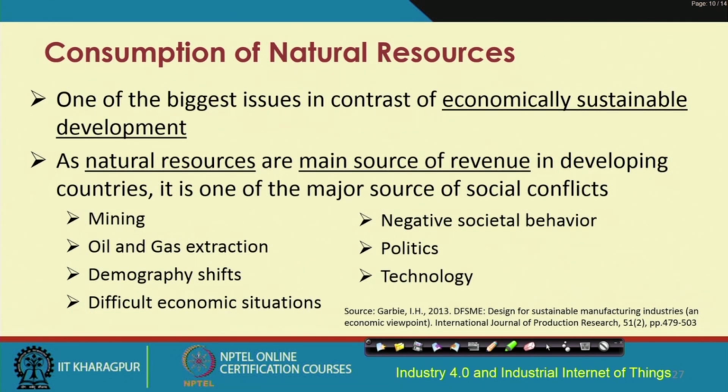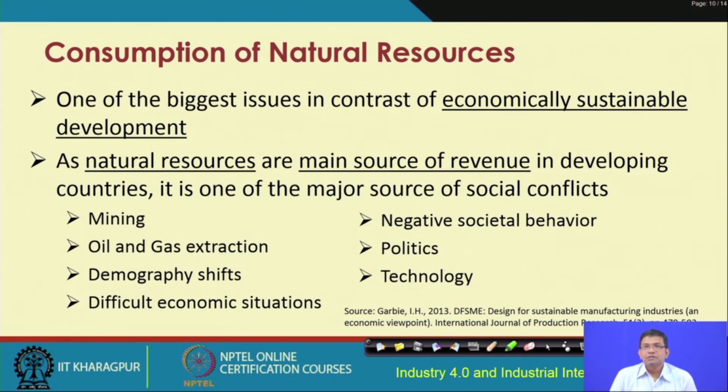As natural resources are the main source of revenue in developing countries, it is one of the major sources of social conflicts. So, there are concerns about too much mining, too much extraction of oil and gas, demographic shifts, societal behavior, politics, technology, and difficult economic situations.